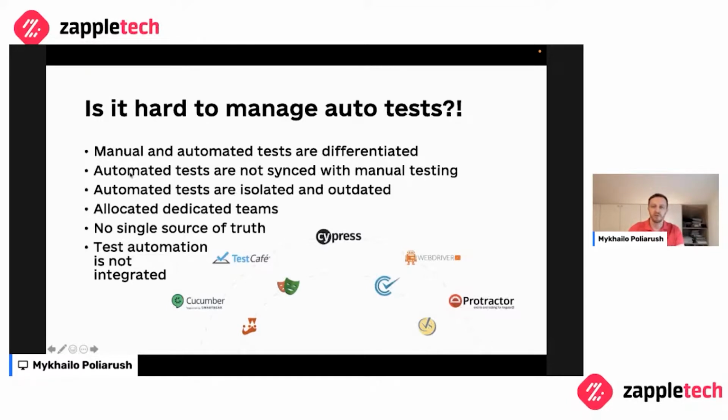In one word, it's not synchronized, right? So you would need to invest your time in manual testing to synchronize with your automation, and then invest some time so automated test cases are synchronized with the manual testing.